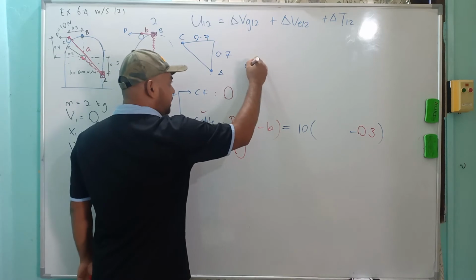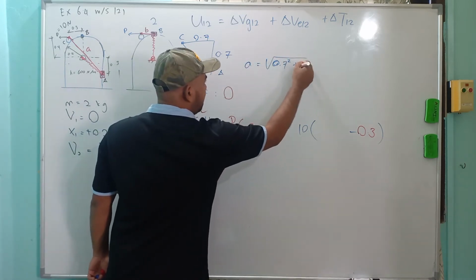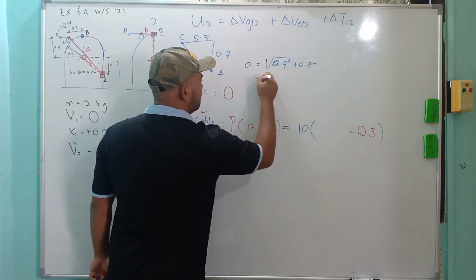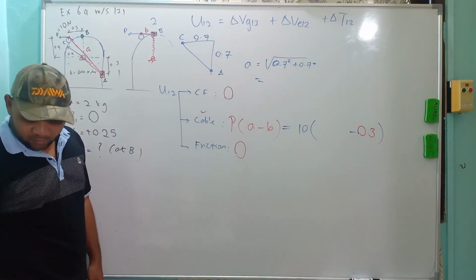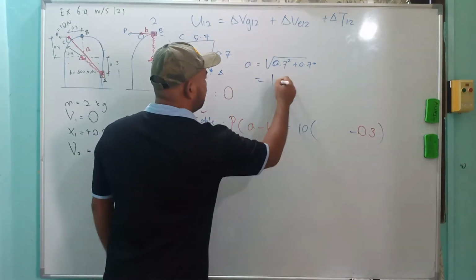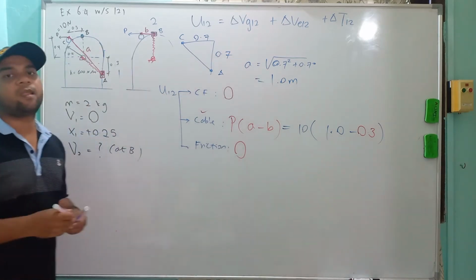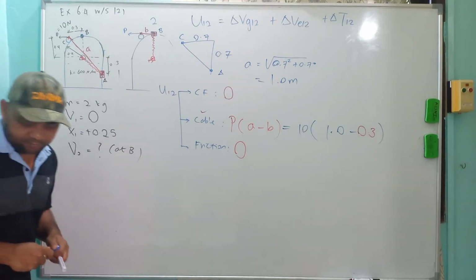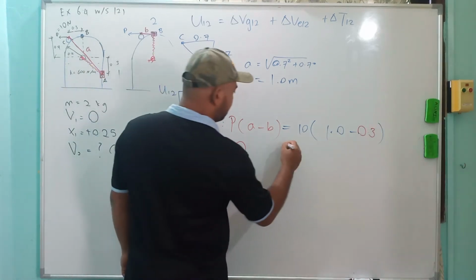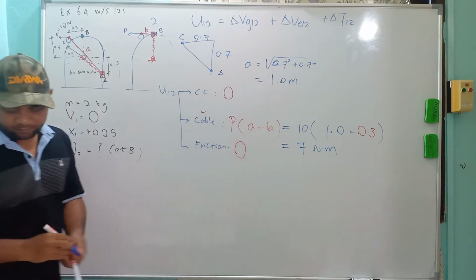So A equals the square root of 0.7 squared plus 0.7 squared, which, if I'm not mistaken, is 1.0 meter. So you put 1.0. From here you calculate that one, and you have 7 Newton meter.